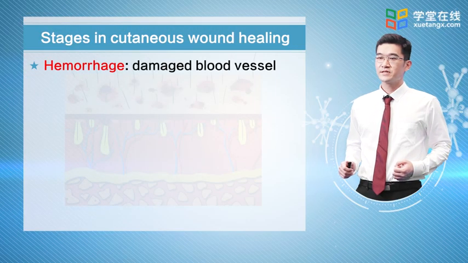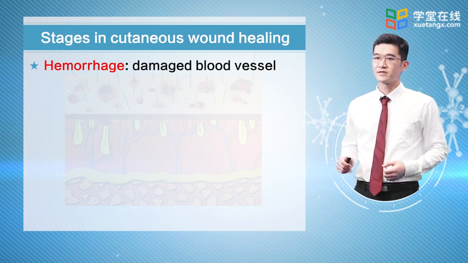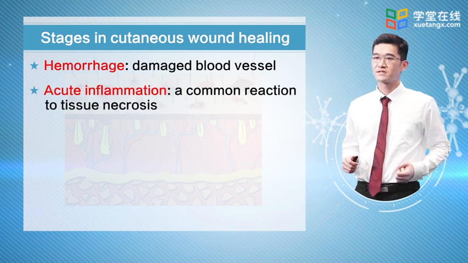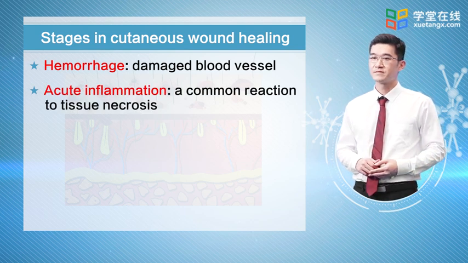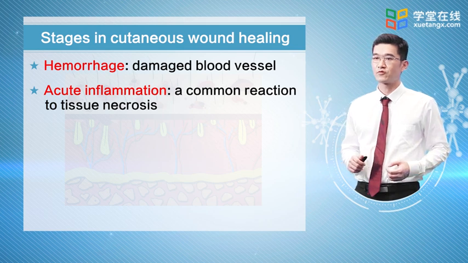Immediately after injury, the wound is filled with blood, which then clots and seals the wound against dehydration and infection. An acute inflammatory response occurs within 24 hours. We can see neutrophils at the wound margins migrating toward the fibrin clot.